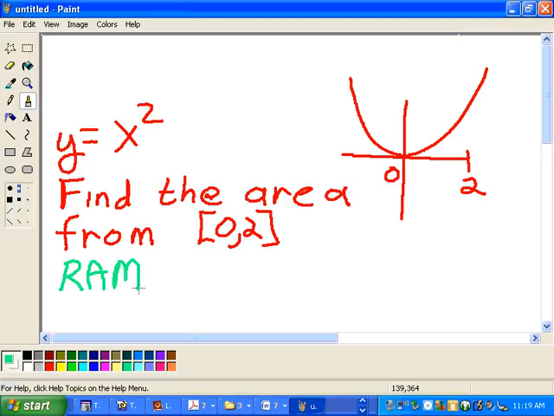So looking at this, I think that if I split this up into fours, I could start to get a pretty good idea of what the area ought to be.